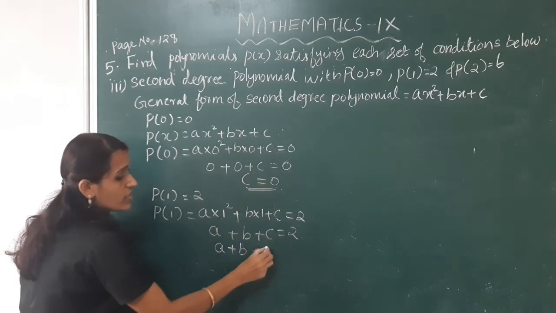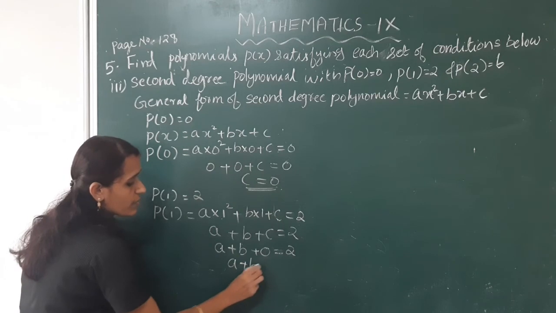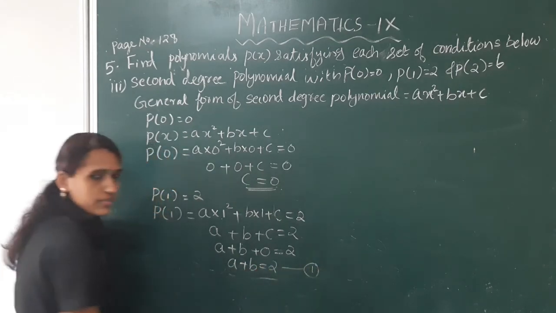So substitute 0, it is equal to 2. That is a plus b is equal to 2. Mark it as equation 1.